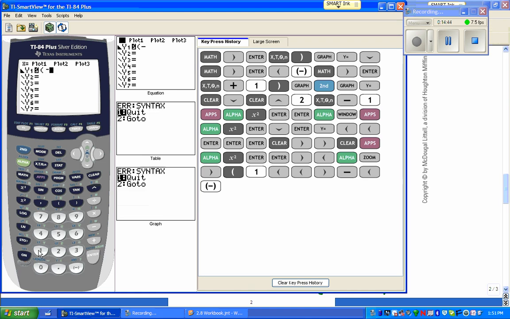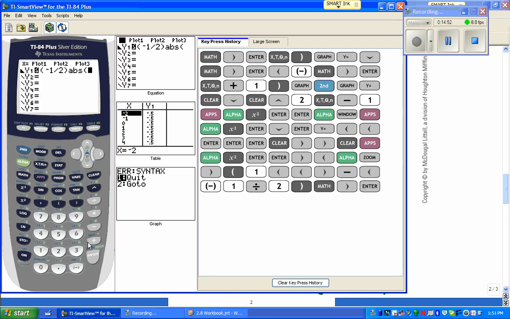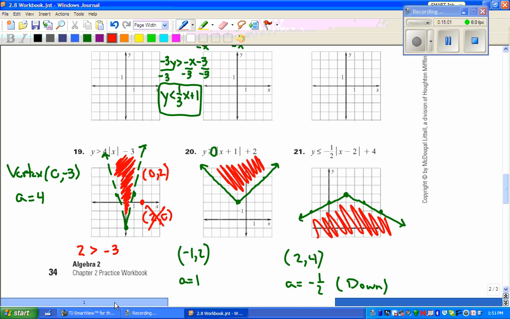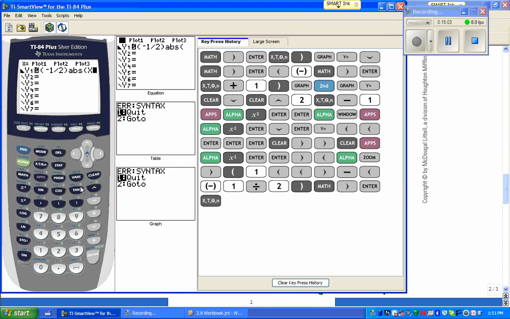Negative 1 divided by 2. All right, got to get absolute value. So math, number, absolute value. And I had x, what was it, minus 2 or plus 2? Minus 2. All right, minus 2, close the absolute value, and then I had plus 4. I'm going to hit graph.